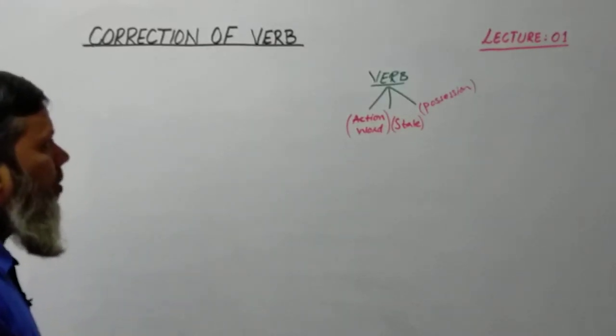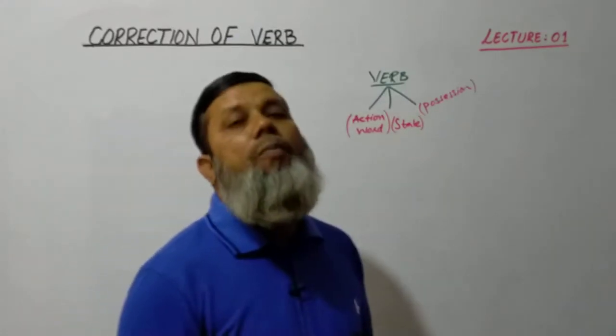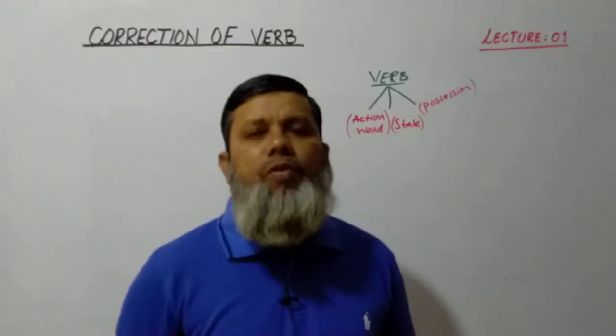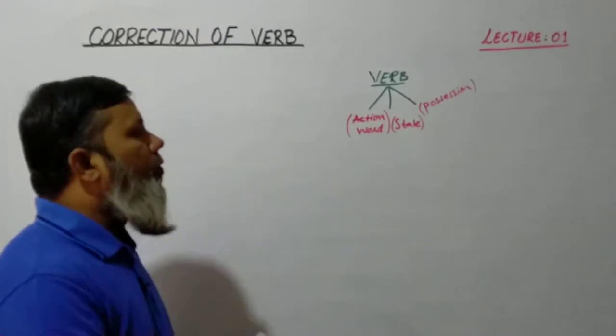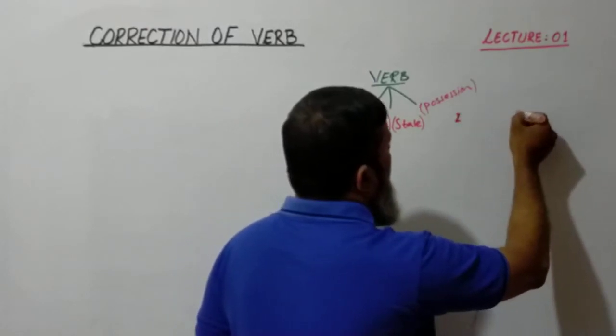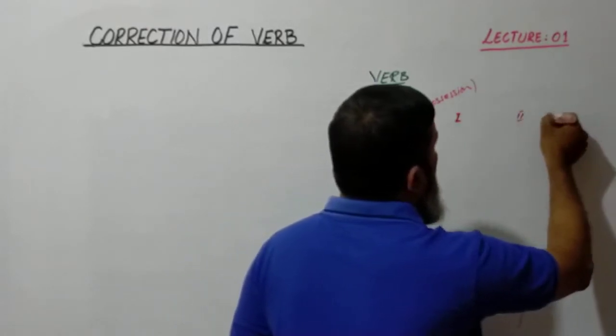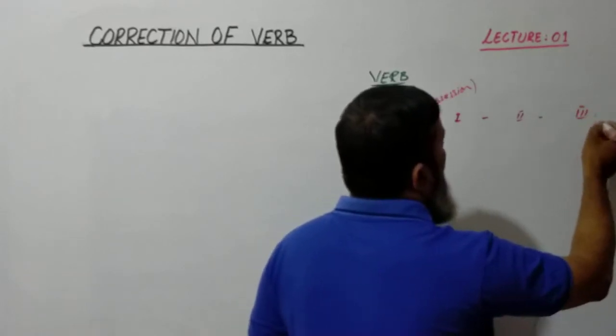Before teaching the corrections of verb, I'll let you know the forms of verb. How many forms of verb are there? There are only 4 forms of verb: first form, second form, third form, and the fourth form.